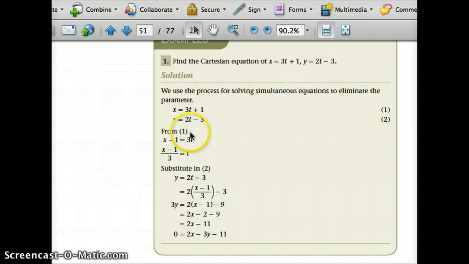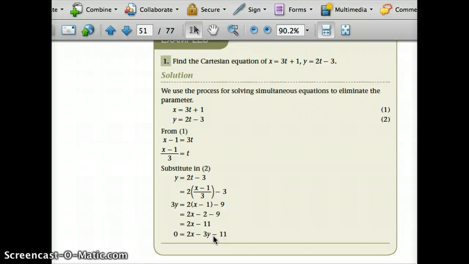See where the arrow is pointing? So I get x minus 1 on 3, and I put it into the y equation for t. And here it is. Now we just continue solving, and we end up with an equation in general form in terms of x and y. So I've eliminated the parameter.